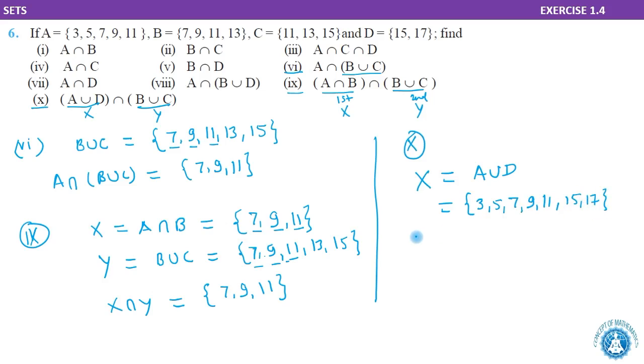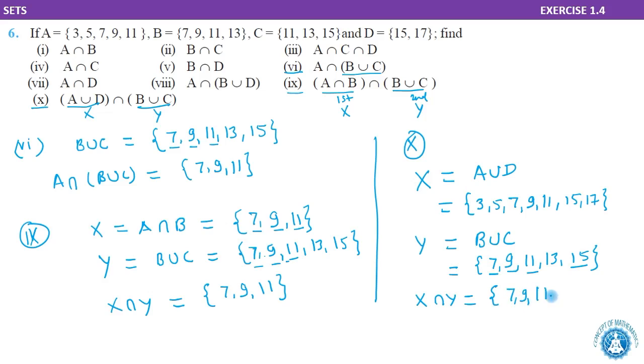Okay. Now Y is equal to the union of B and C, and we have already calculated it is 7, 9, 11, 13, 15. So the intersection of X and Y will have elements 7, 9, 11, and 15.